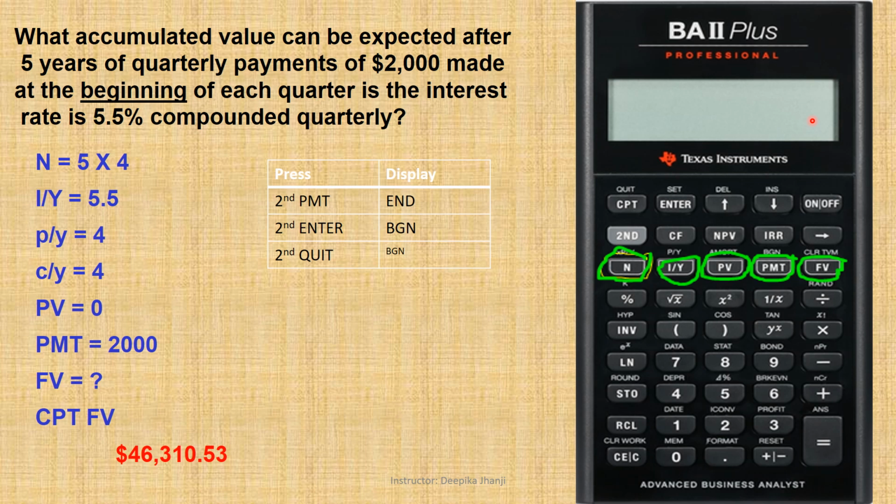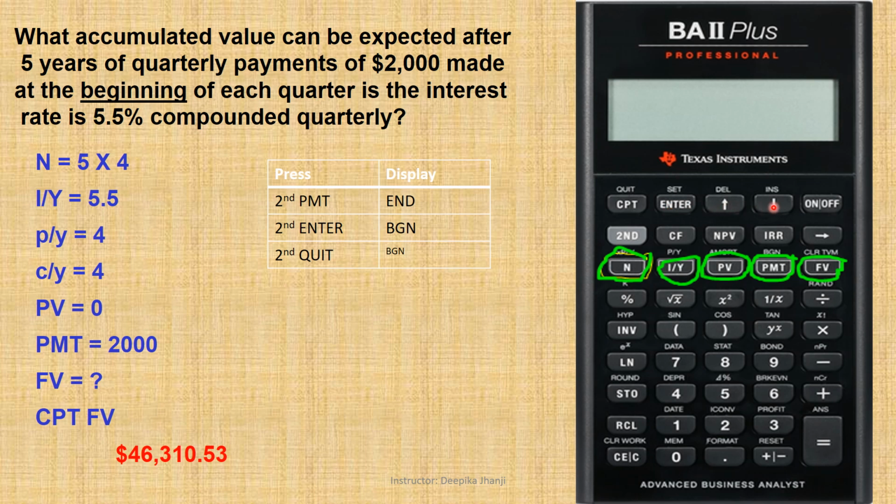Next, to set PY equal to 4, use Shift and then IY, which means PY will be displayed. So PY should be 4. If your screen displays a different value, press 4 and then enter. Your screen will display PY is equal to 4.